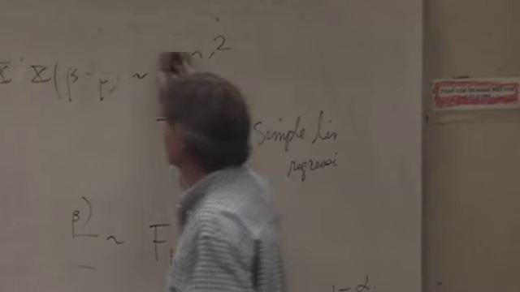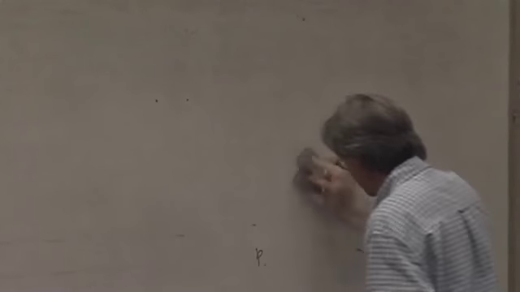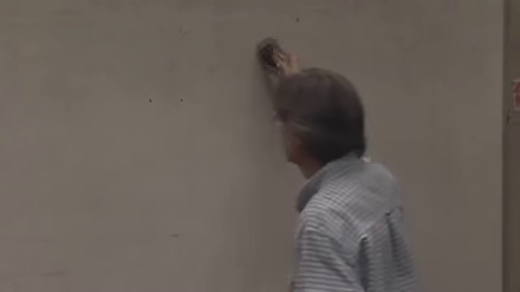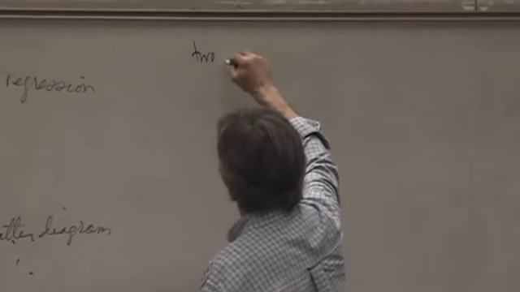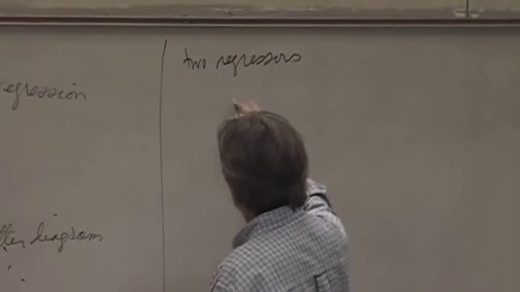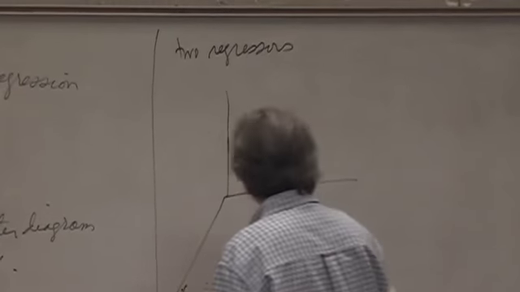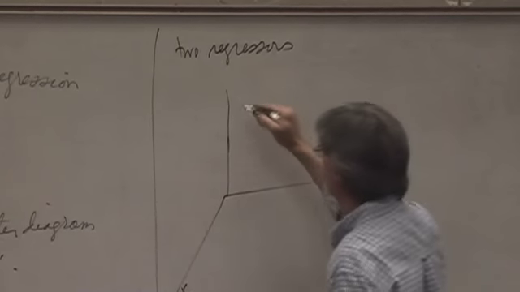All right? So if I go to 2 regressors, then I'll try to draw a picture. Okay, let's just go ahead and rewrite this so that everybody has the same picture and on the same page.